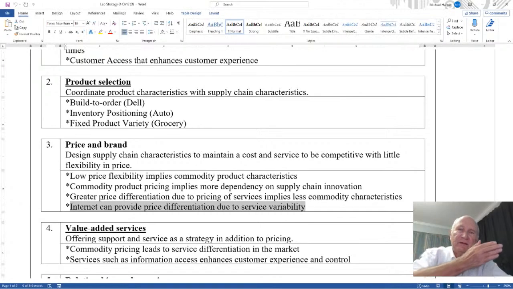Well, upstream and downstream of a commodity and the final product, the internet can provide price differentiation due to service variability in the entire market, in the entire supply chain, upstream and downstream. So the internet, the visibility, the variability of services, and the efficiency of the internet, and also product variety and visibility, can impact price differentiation.